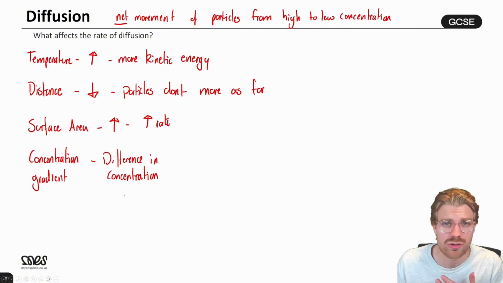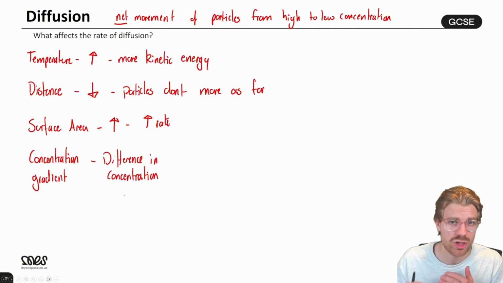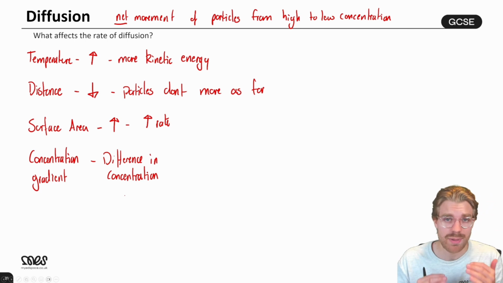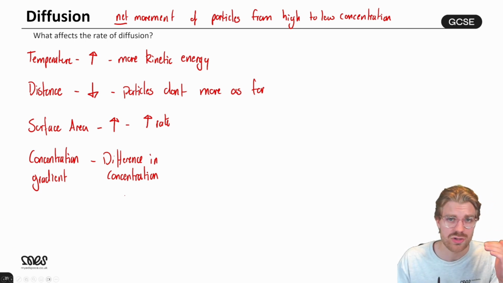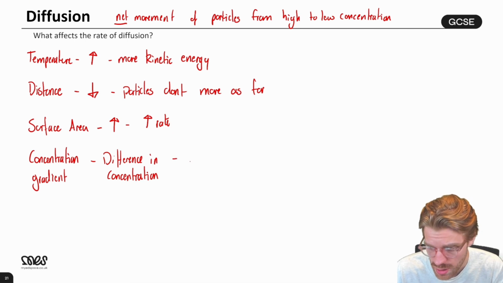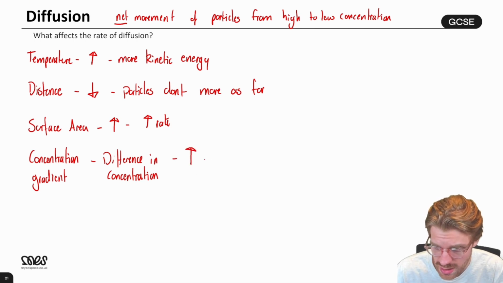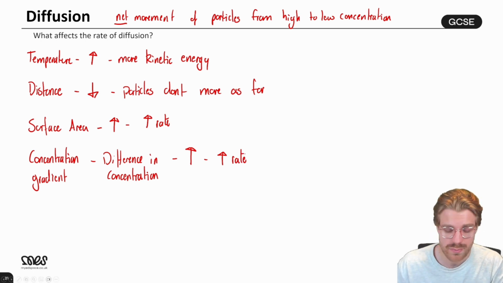Imagine a little bit like riding a bike down a hill. If you've got a steeper hill, that means the bike is going to go faster down that hill. We can think of a larger difference in concentration as being a steeper concentration gradient, and so a faster rate of diffusion. So if our concentration gradient is greater, we're going to get an increased rate of diffusion as well.